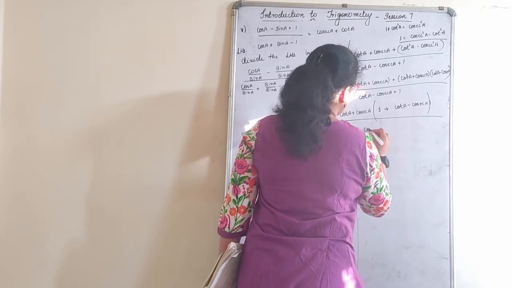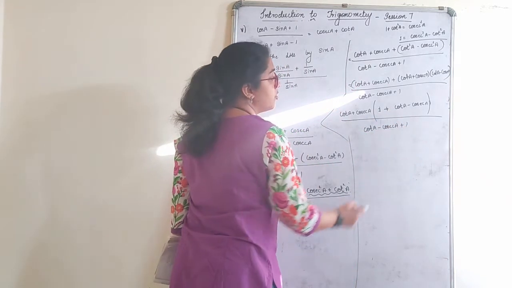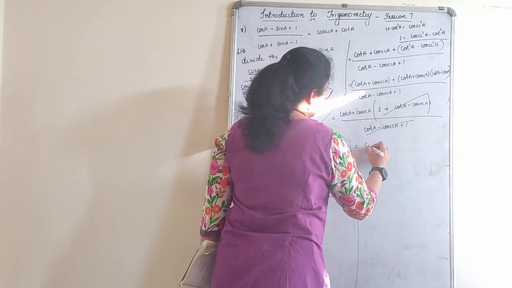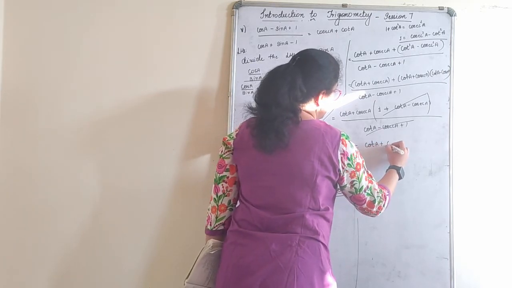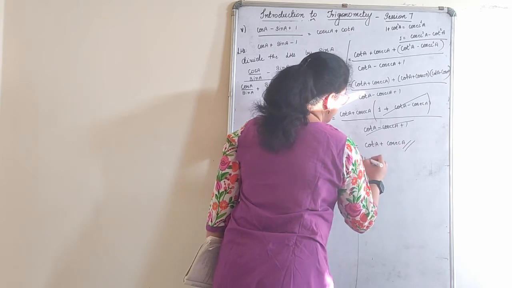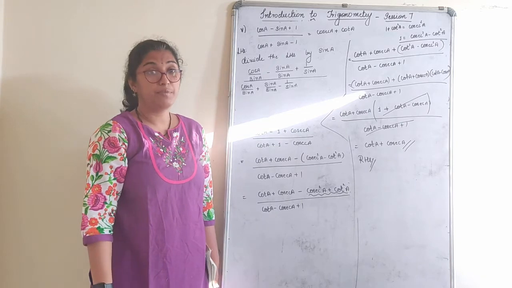Denominator: cot A minus cosec A plus 1. Is it the same order? Yes. Answer: cot A plus cosec A, the RHS. That is what was asked and that is what we have proved.